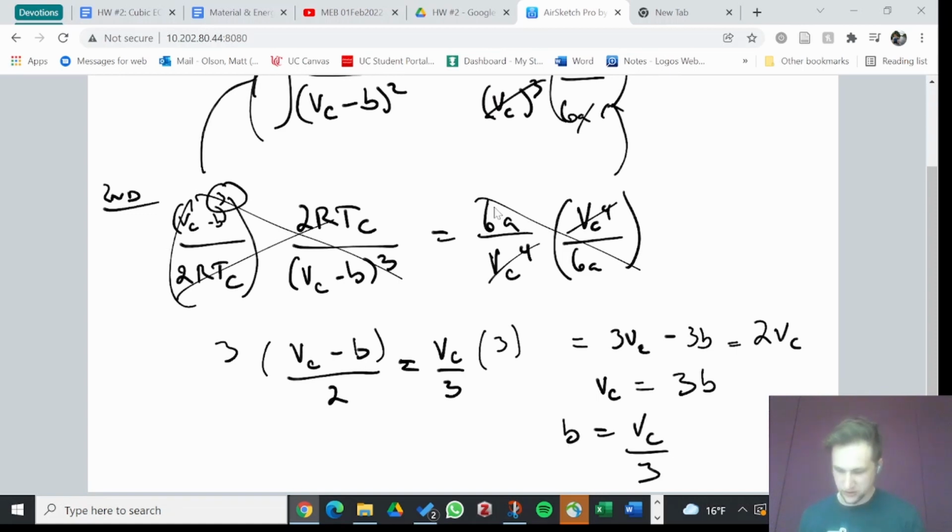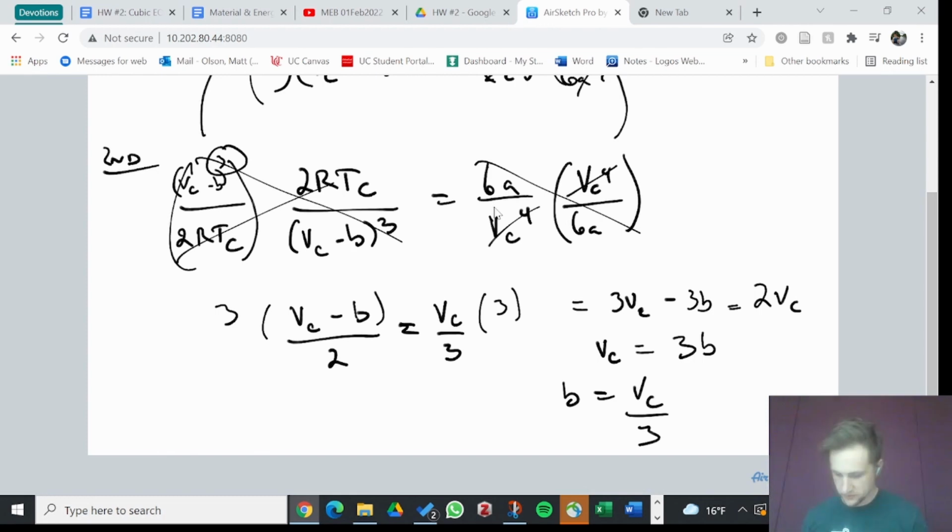I was throwing myself off. I was solving for volume at the critical point, which we already know, and forgot that the whole point of this is to solve for B. So B, very simple now, is equal to volume at the critical point divided by 3.